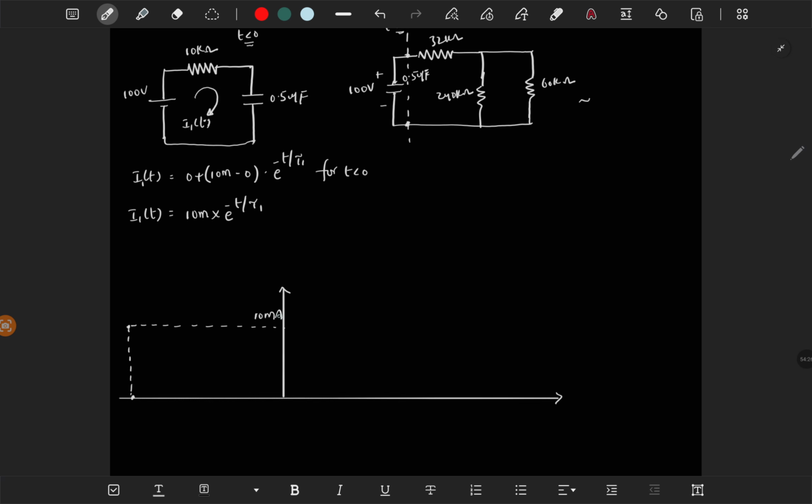So this is 10 milliamps, this is I of t, and it doesn't know that some transient behavior is coming at t is equal to 0, right?